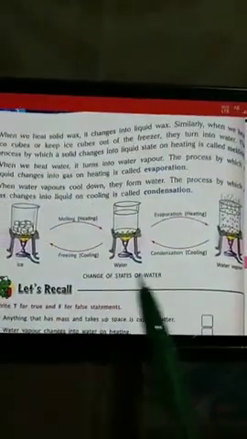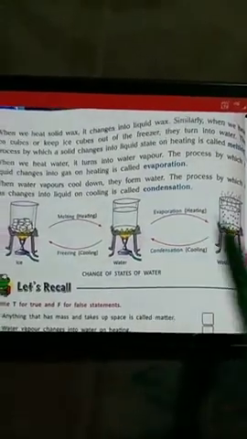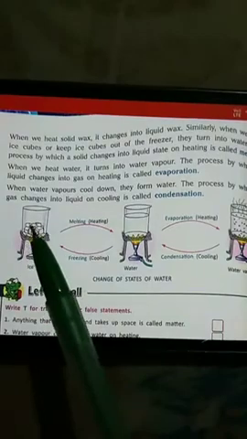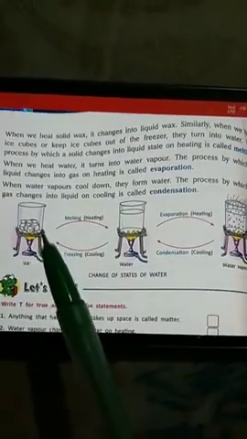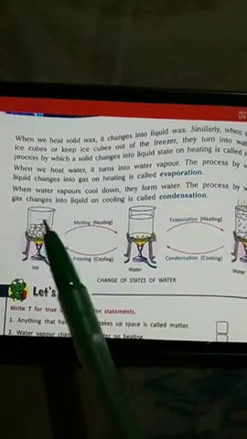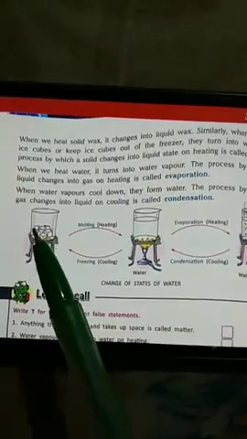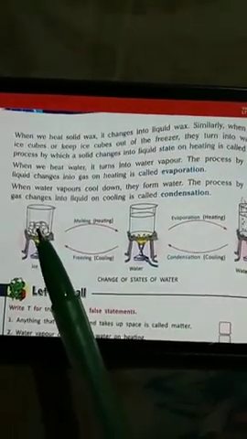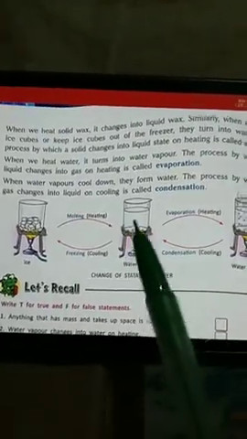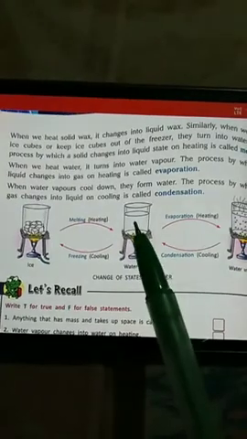See, here is the picture showing various changes in the states of water. Here it is ice. How do we get the ice? We get the ice by freezing. Freezing means cooling effect. But when this ice is heated, ice changes into water.